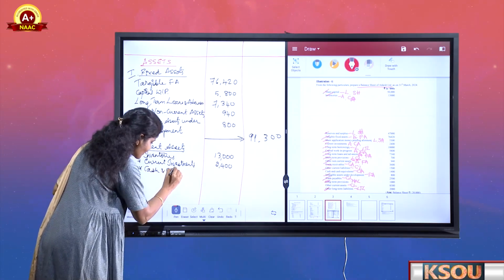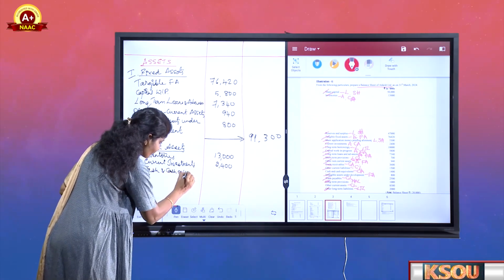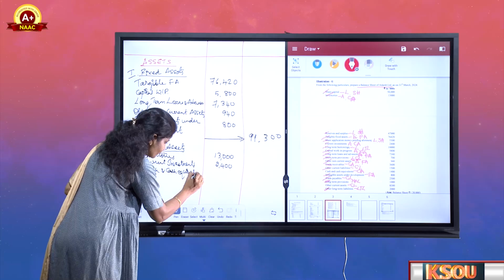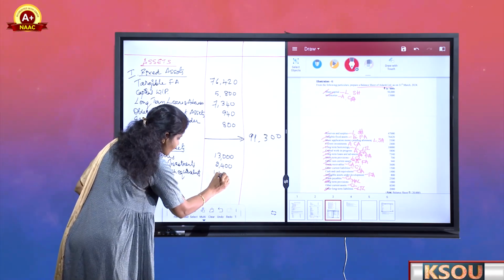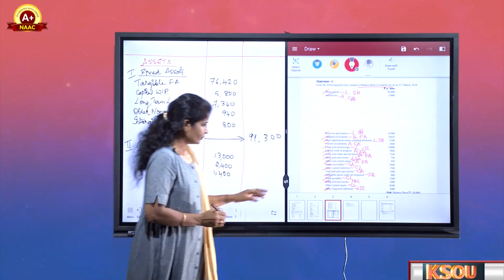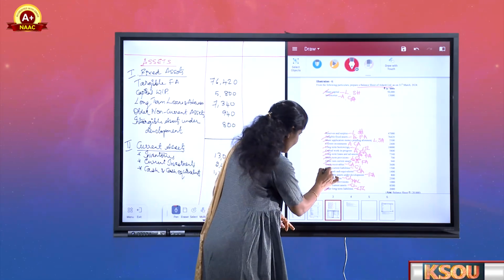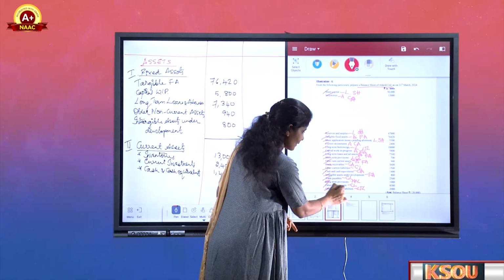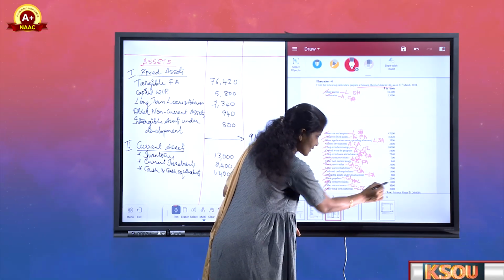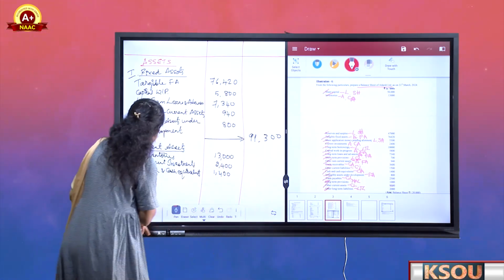Okay. Next, the last item is other current assets. Other current assets, it is 8,300.